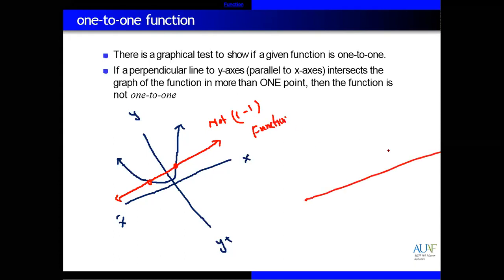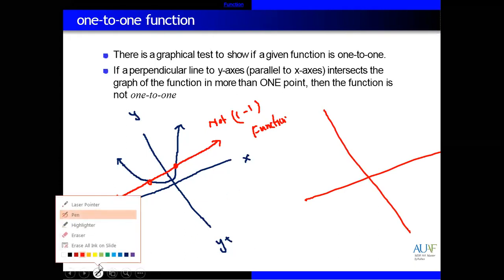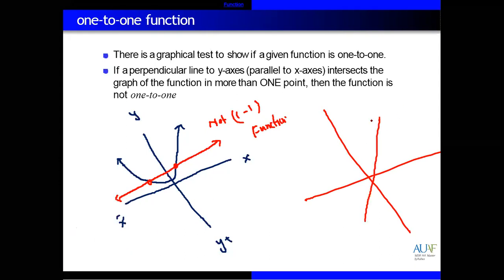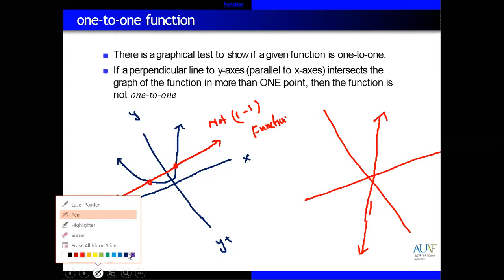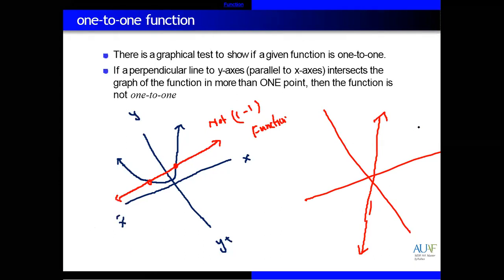And when a graph is given, like we have this graph, and if we draw a line perpendicular to the y-axis, you can see this line touches the graph at only one point, one location.